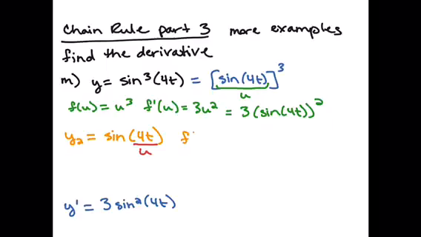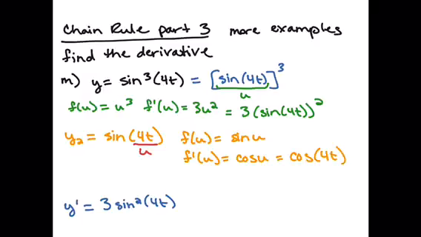So if we write our function in terms of u, it's sine of u, its derivative is cosine of u, and if we write that in terms of t, it's cosine of 4t. And that'll be the next part of our final answer.